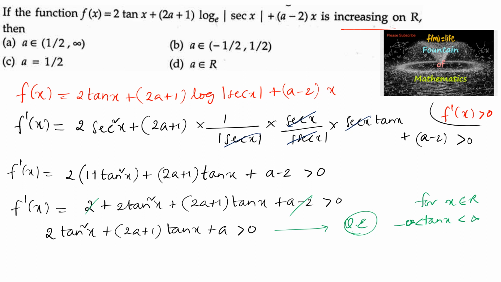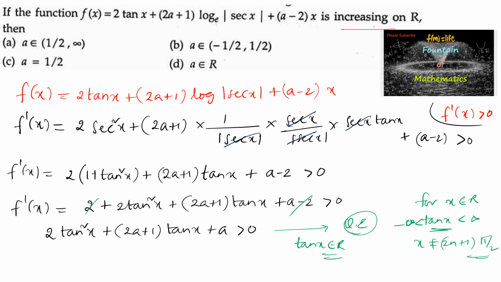Except the odd multiples of pi by 2, tan x is defined. Let us consider x is not equal to the odd multiple of pi by 2, and the range of tan x is minus infinity to plus infinity. So we can say tan x belongs to R except odd multiples of pi by 2.